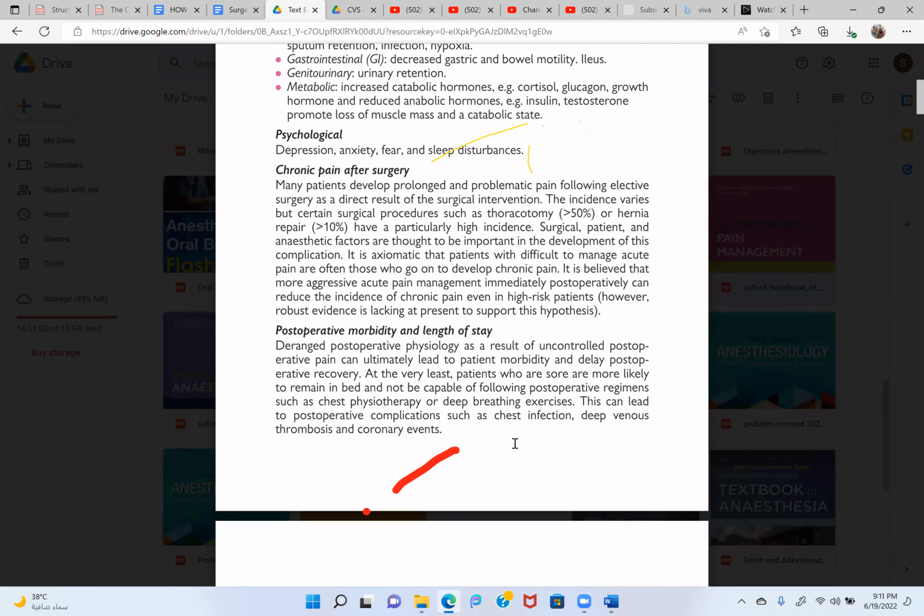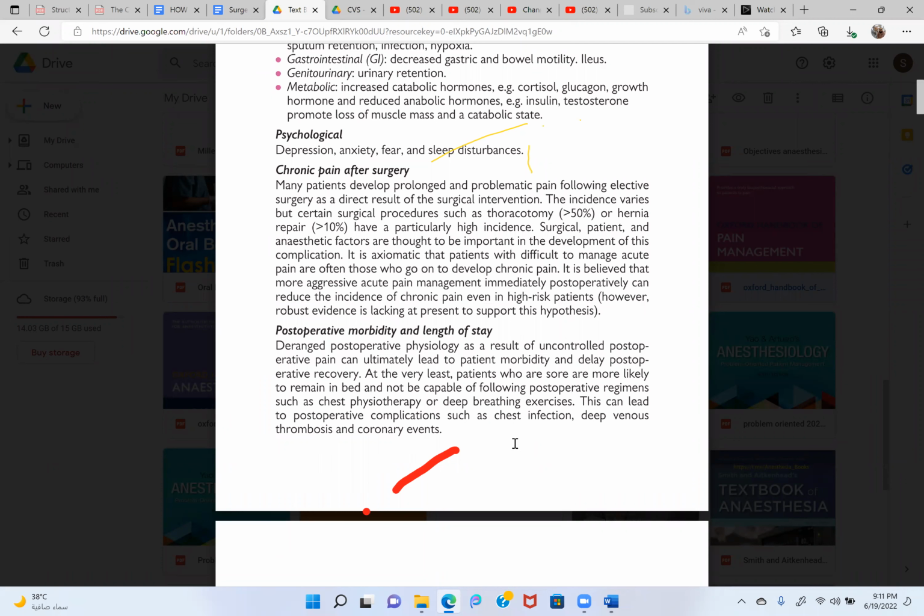Okay, so the procedures which are culprits are like amputation. Amputation is 35 to 80%. You will be surprised that cesarean section is one of the procedures which is associated with chronic post-surgical pain.